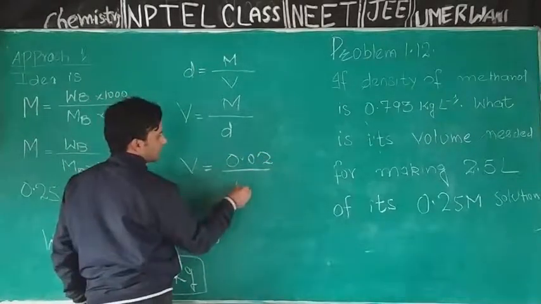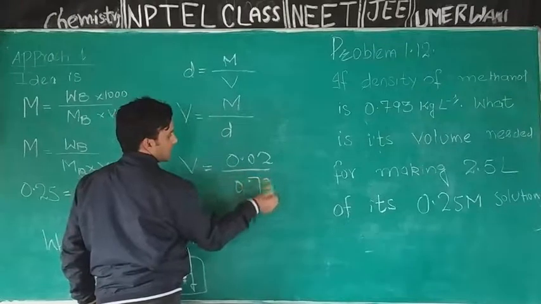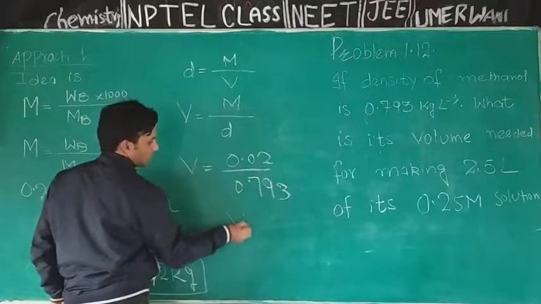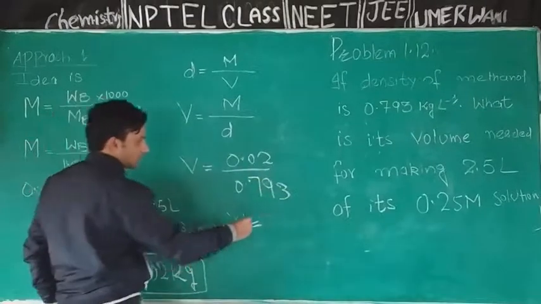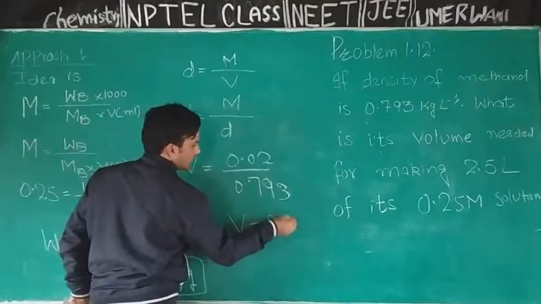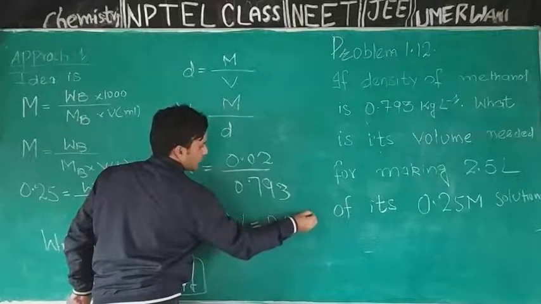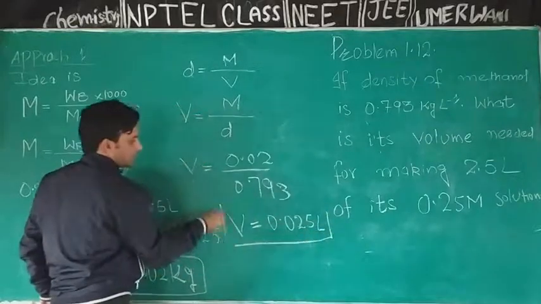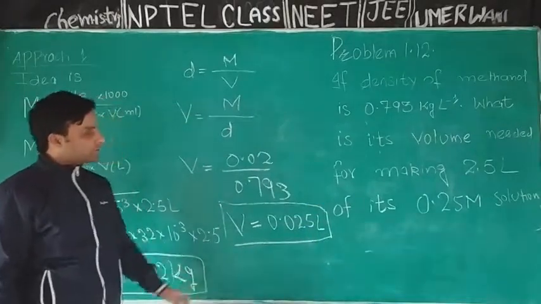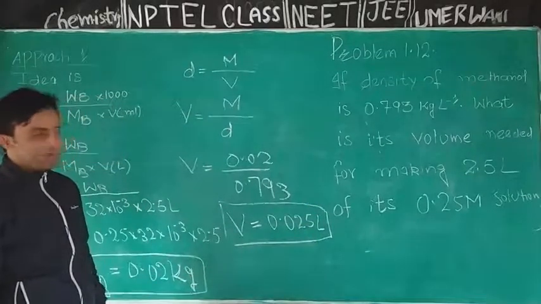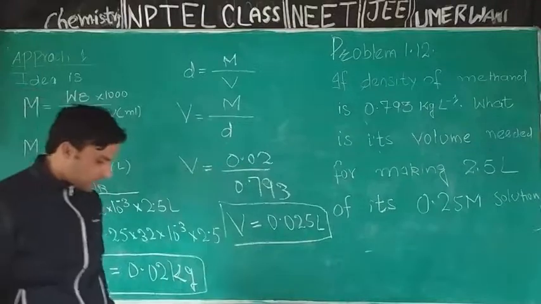Density is 0.793. So volume required will be equal to, I have already calculated this to save time, volume is equal to 0.025 liters. This is the volume of methanol that is required to prepare its 0.25 molar solution in 2.5 liters.